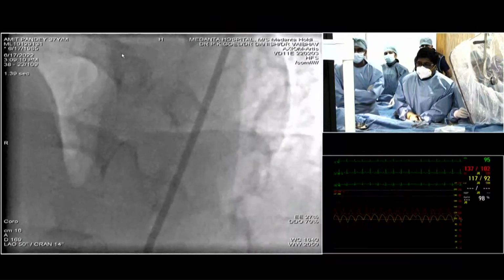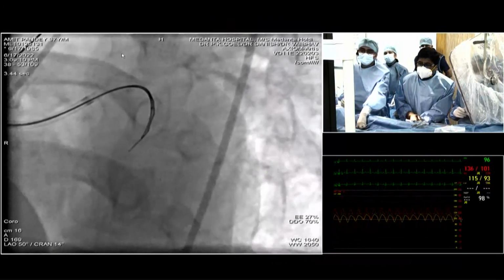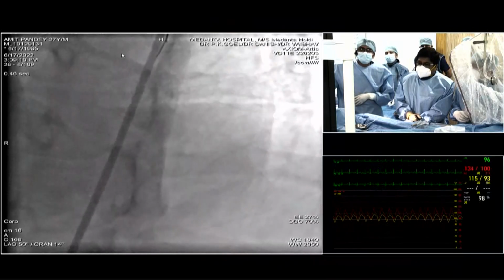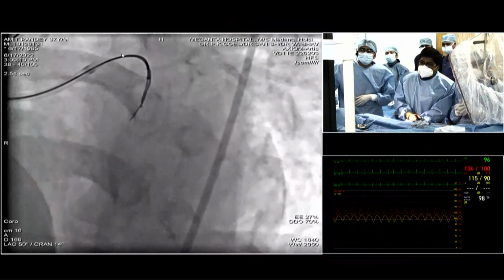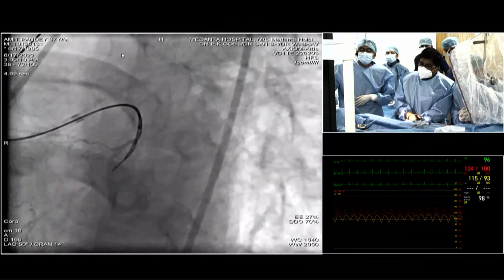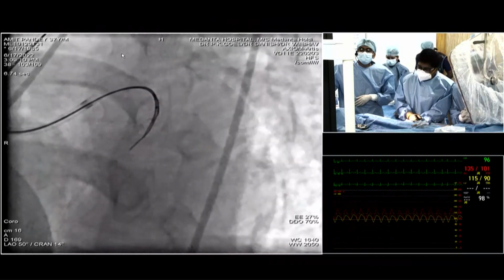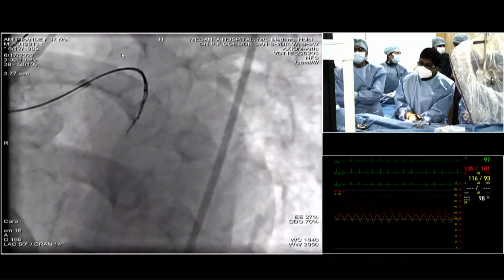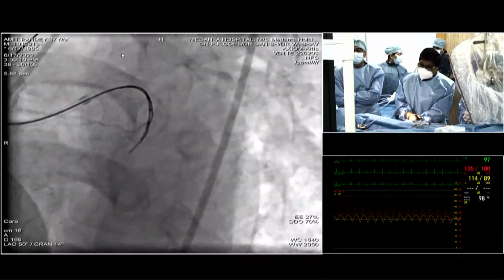So I used the parallel wire technique twice. The second wire also was a Conquest. Can you go back and show us what you did, if it's okay? I pulled out the first wire, used that Conquest as the main wire to set up the parallel wire, and then used a Gaia 3.